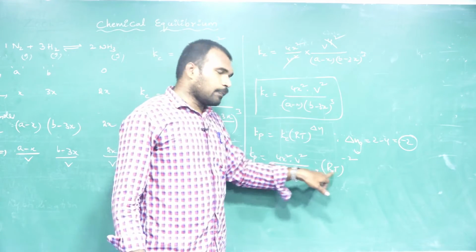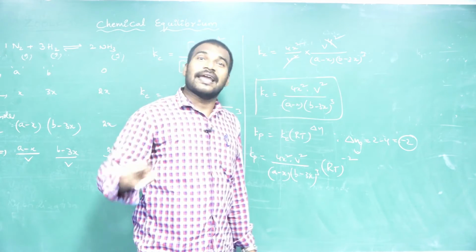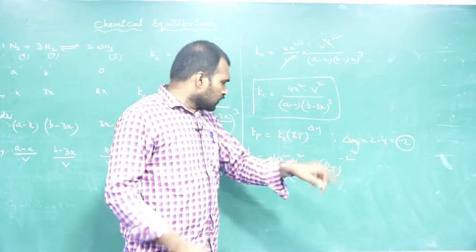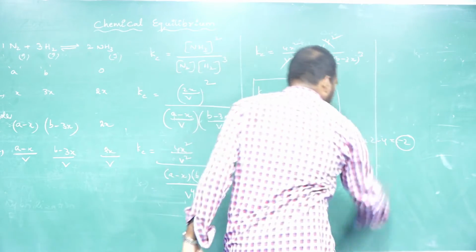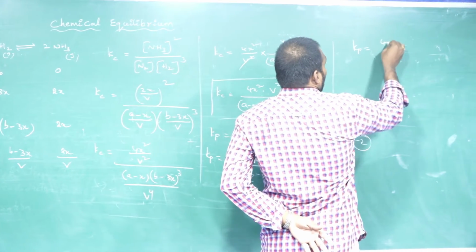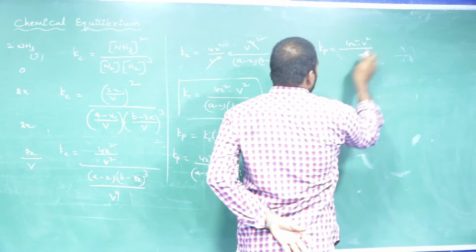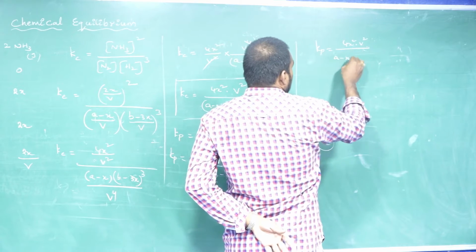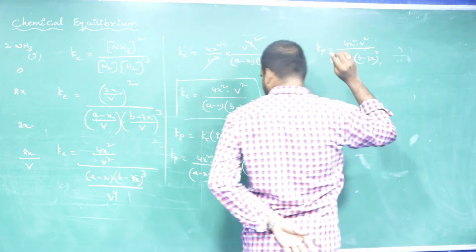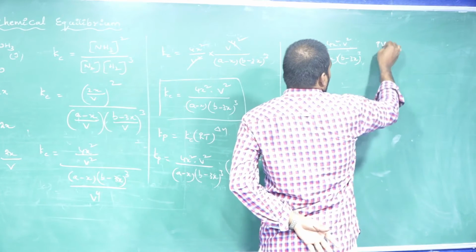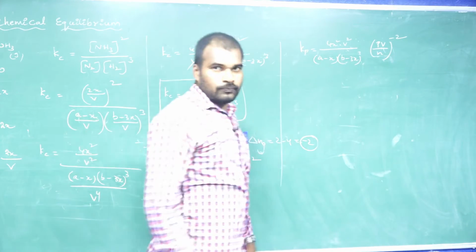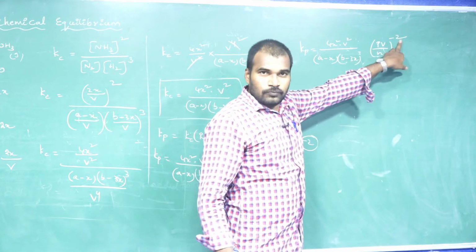Since we know that, in the place of RT, what can we write? PV by N we can write. Why? Because PV is equal to NRT, then RT is equal to PV by N. So let us substitute that. Then Kp is equal to 4x square into V square by A minus x into B minus 3x whole cube into PV by N to the power of minus 2.